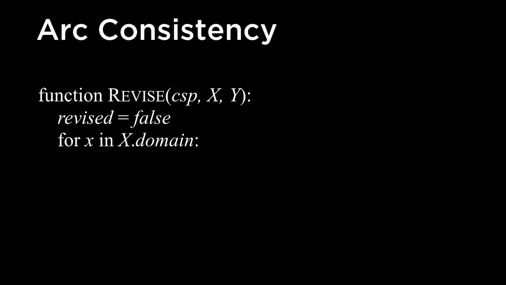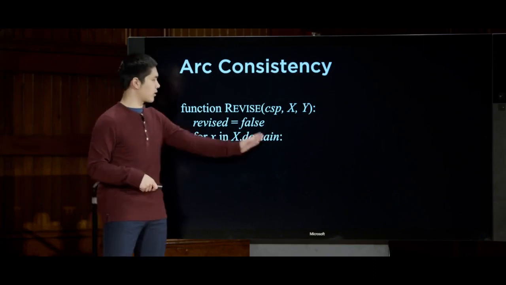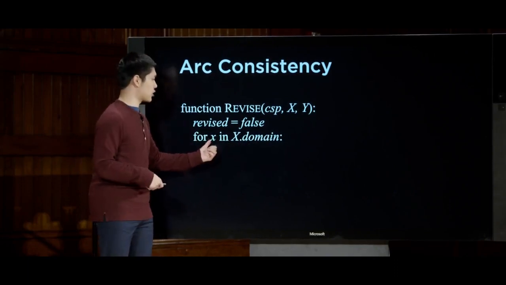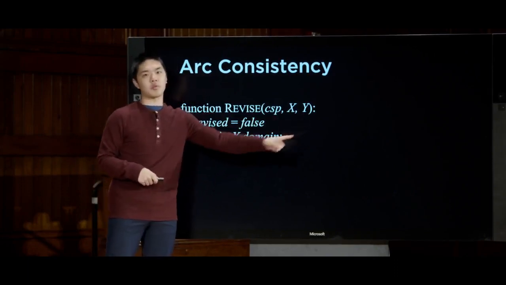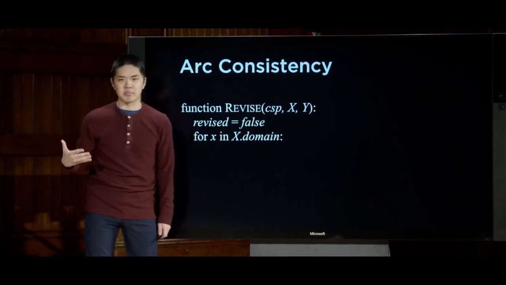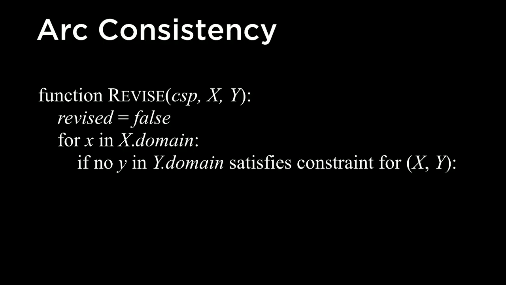Then we'll loop over all of the possible values in x's domain, for each little x in x's domain. I want to make sure that for each of those choices, I have some available choice in y that satisfies the binary constraints defined inside my CSP, my constraint satisfaction problem. If it is ever the case that there is no value y in y's domain that satisfies the constraint for x and y, that means this value x shouldn't be in x's domain.